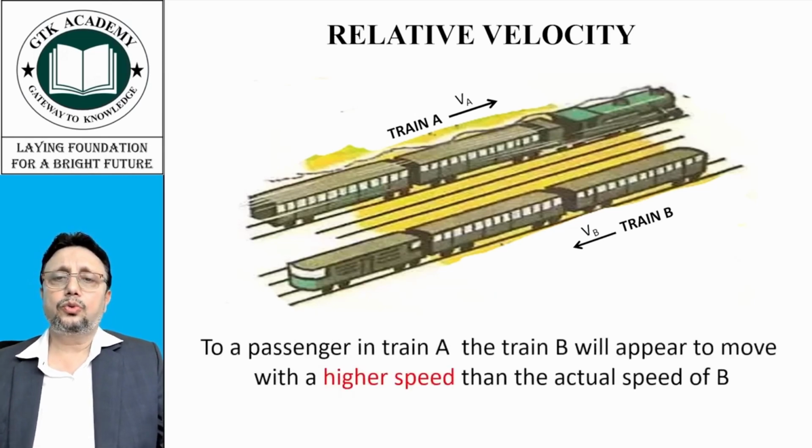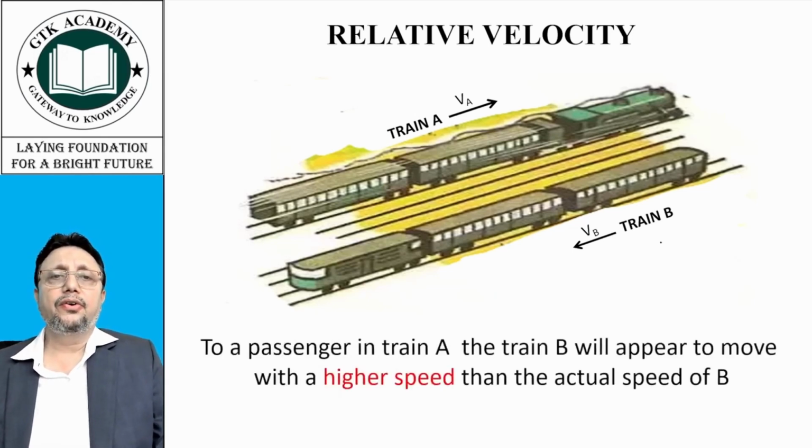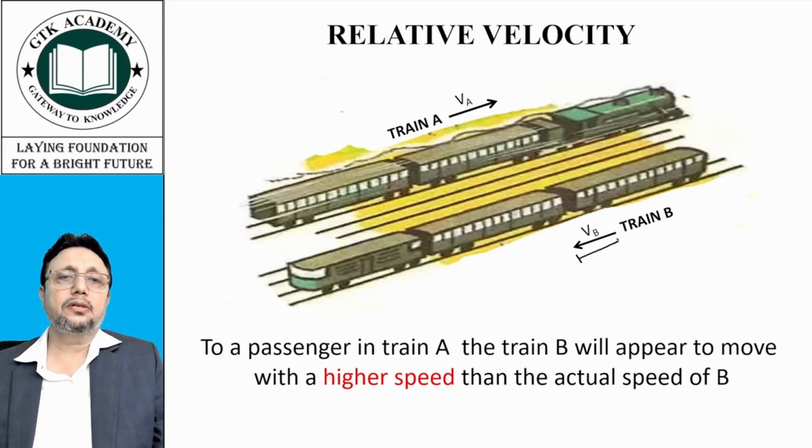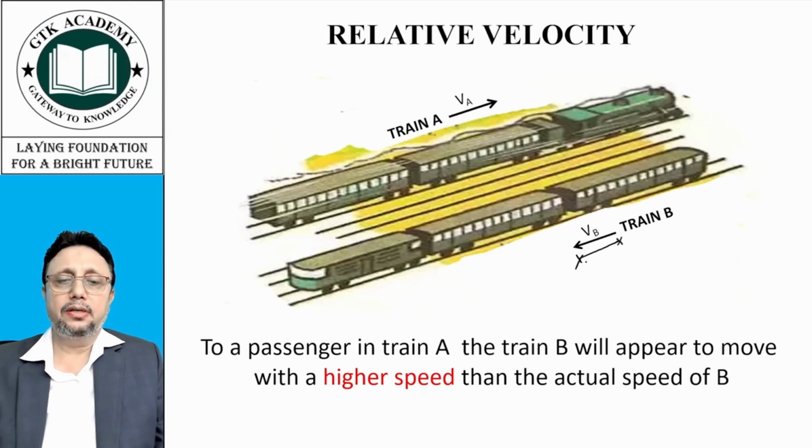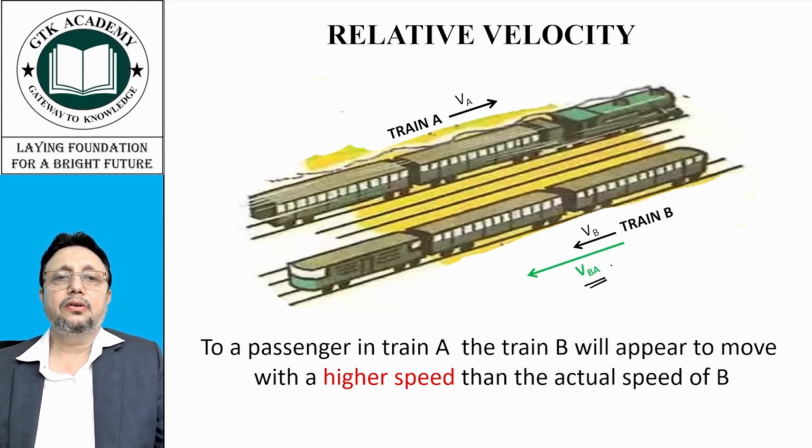Now to a person in train A, train B will move with higher speed. That means if this arrow depicts the magnitude of speed, the train B will appear to move with a much higher speed. Velocity of B relative to A, right?